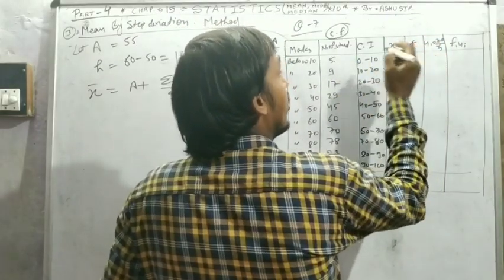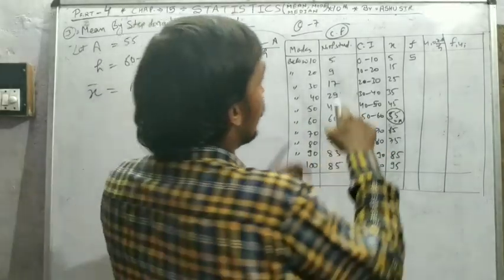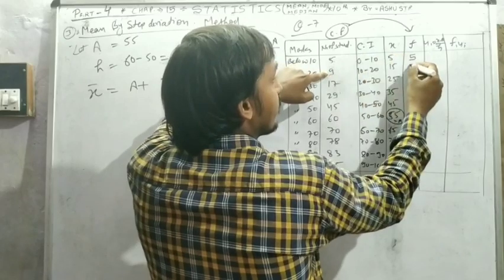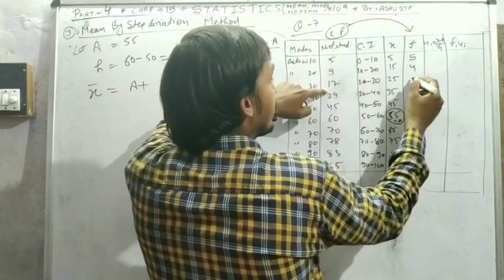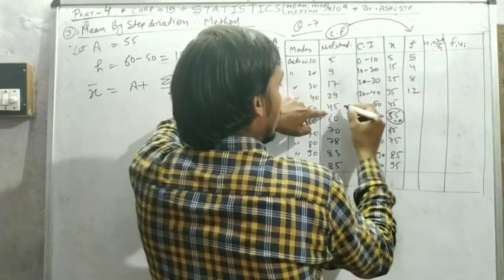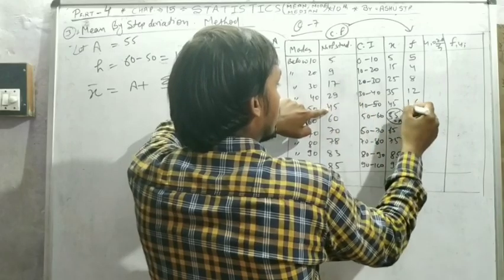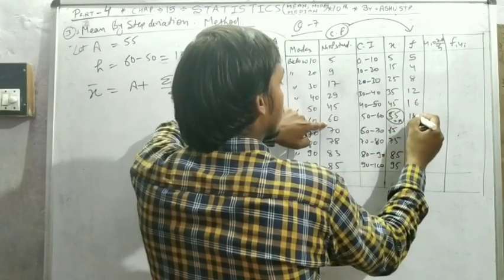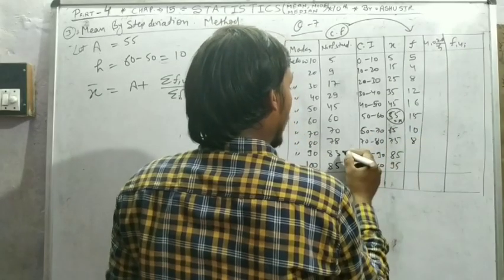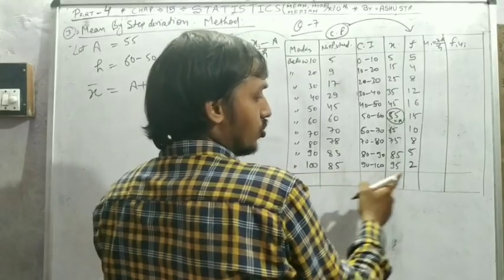From f to cf we add them, so from cf to f we subtract: 9 minus 5, 17 minus 9, 29 minus 17, 45 minus 29, 60 minus 45, 70 minus 60, 78 minus 70, 83 minus 78, 85 minus 83, 2.